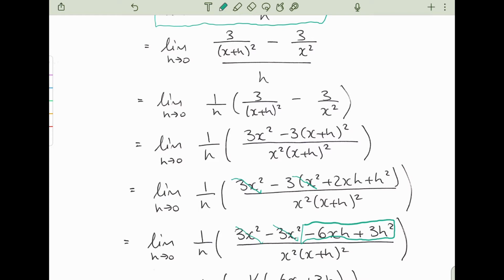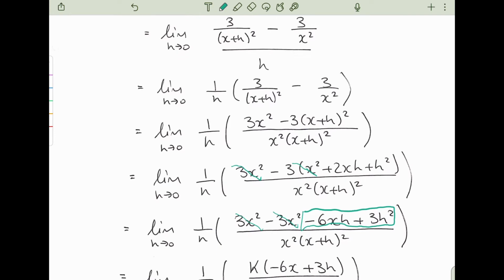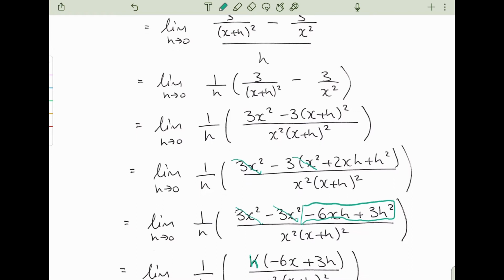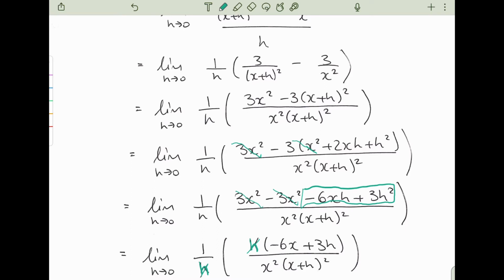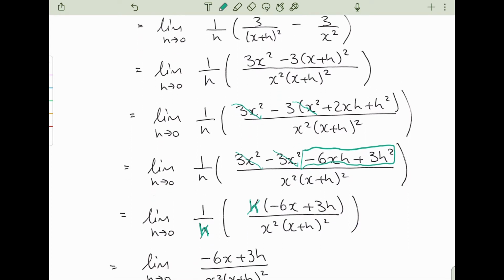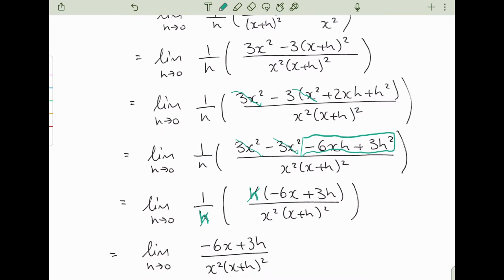Well, they both have h as a factor, so we can factor out the h, right? Factor out the h here, and we're left with minus 6x plus 3h on the top. But keep in mind that we also have this 1 over h outside, so this h cancels with the h on the top, so these two h's are gone, and finally we're left with only this expression, right?